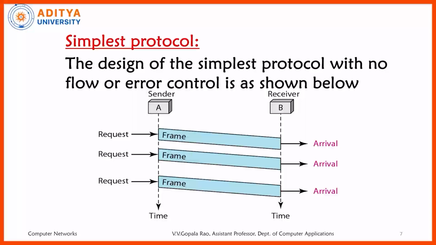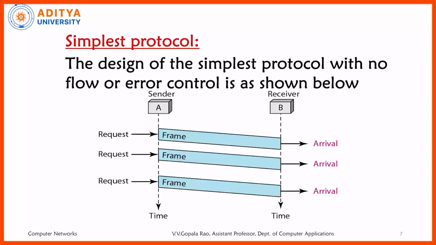Like that, once the first frame reaches the destination, automatically the second frame, followed by the sequence of frames, will be put in the channel. One by one, all the frames will be carried to the destination and collected by the receiver, in whatever order the sender sent them.